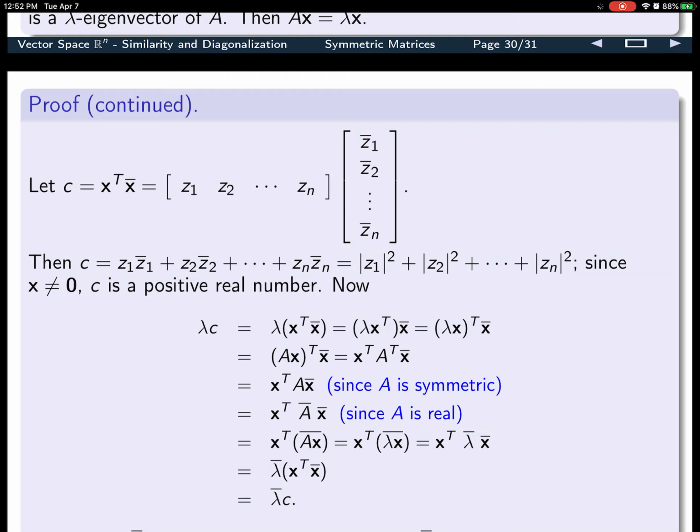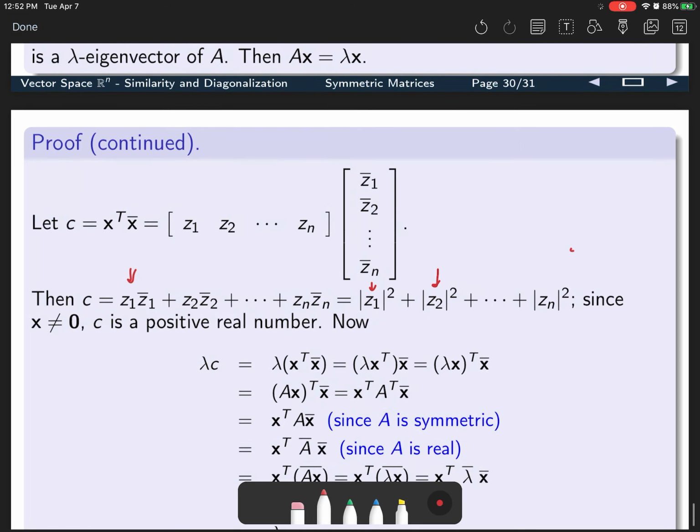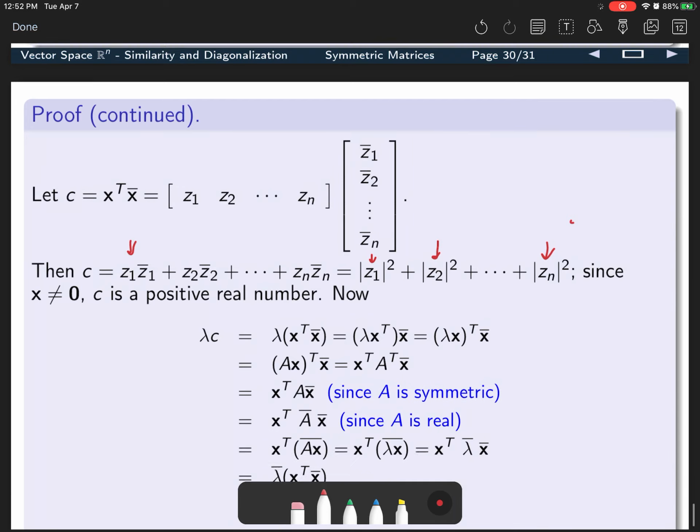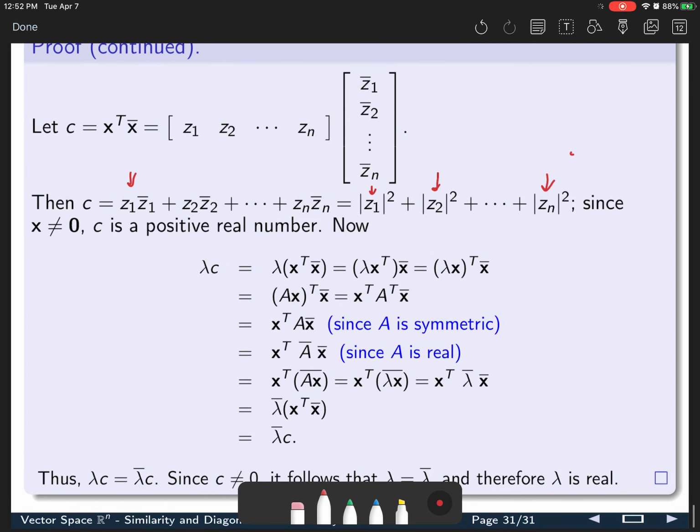Notice that when you multiply a complex number by its conjugate, we're still getting the length of this vector squared, like you would expect when you take the dot product of a vector with itself, just in a real number context.